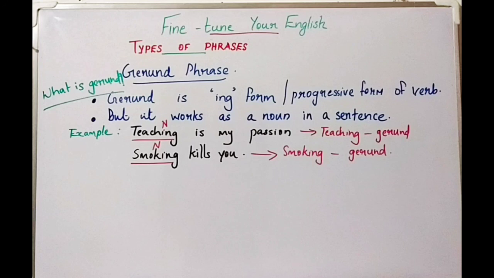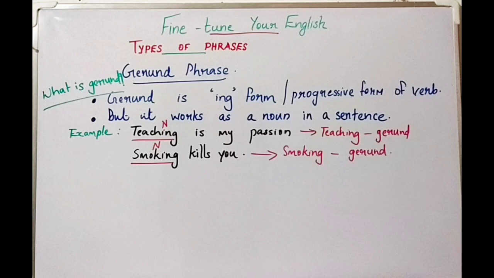See the example. Teaching is my passion. Here teaching seems to be like a verb, but actually in this sentence you can identify it's a noun and the subject of the sentence, because what we speak about in the sentence is teaching. Then see the second example. Smoking kills you.